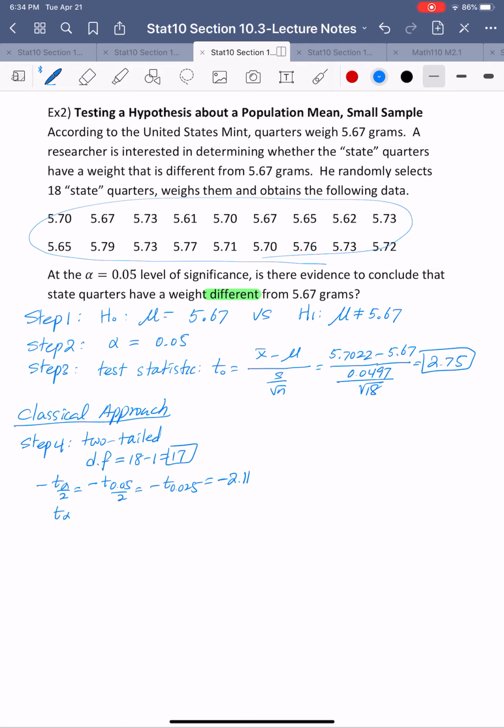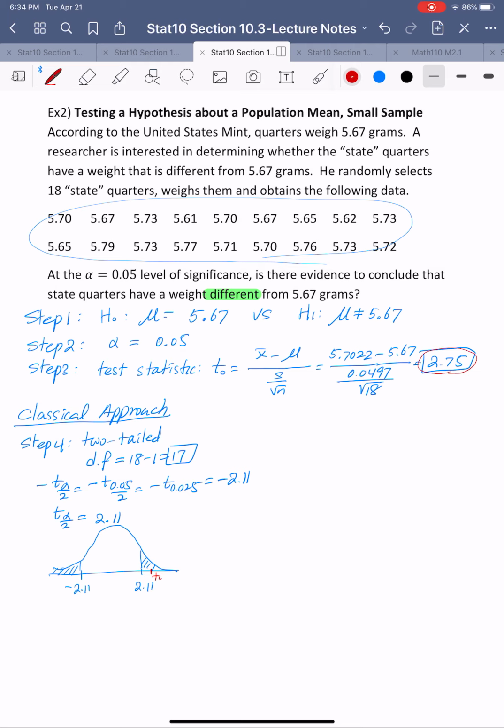With t alpha over 2, I'm getting 2.11. Which means if I use a curve, one side is negative 2.11, the other side is 2.11, and this area becomes a critical region. So I want you to put that in: the 2.75, which is greater than 2.11, right?